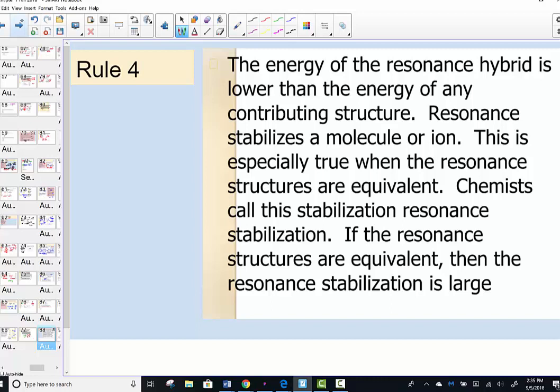And it's especially true when the resonance structures are equivalent, just like the carbonate ion, when we simply move a double bond that is equal in any direction, that's truly a stabilizing element to that structure. If the resonance structures are equivalent, then the resonance stabilization is very large.